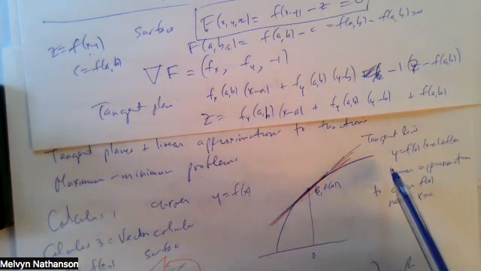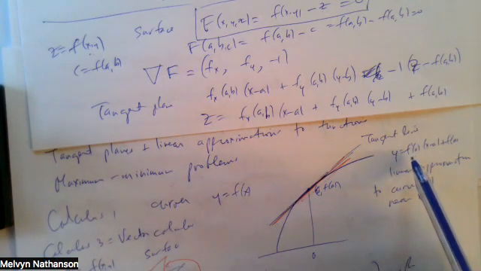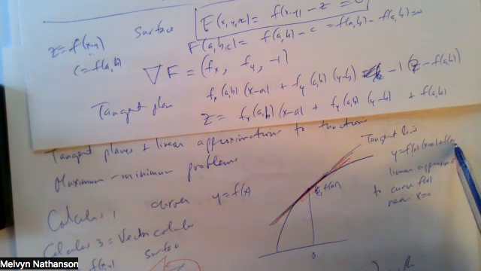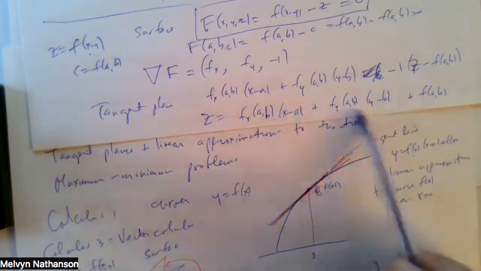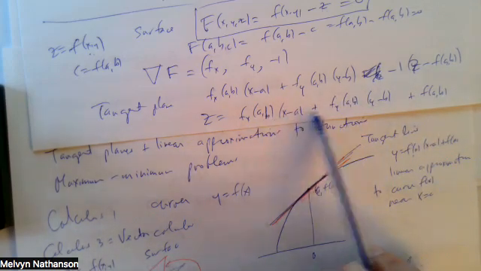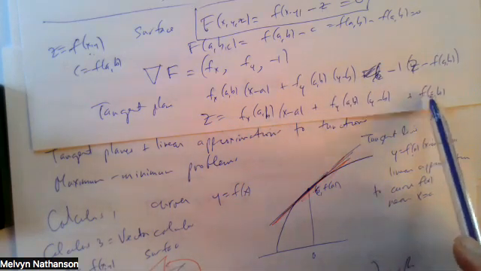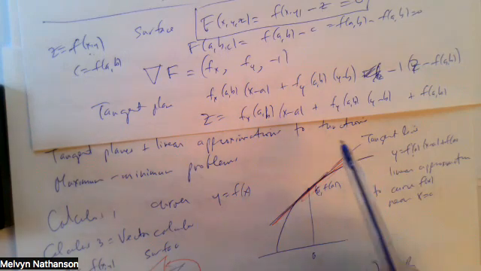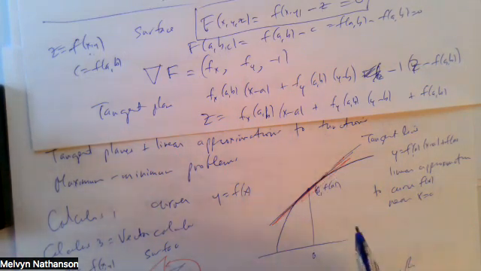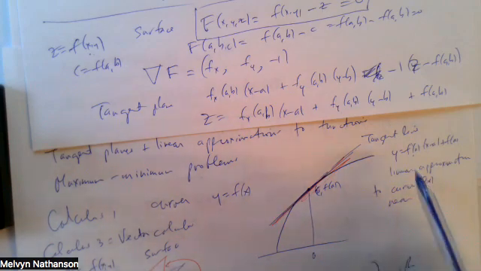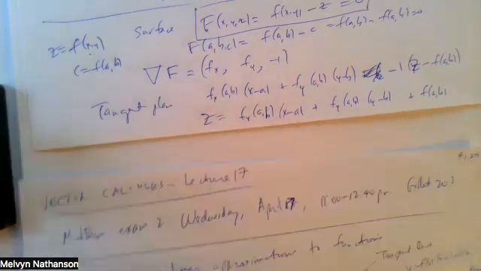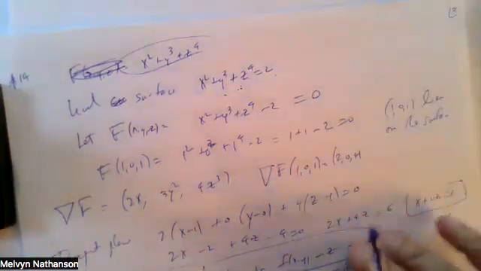For one variable, it was exactly the same thing, but the partial derivative is just the derivative: the derivative at a times x minus a plus the value of the function at a. Here it's the gradient of f at a, b, which is like the derivative of f, plus the value of the function at a, b. So this tangent plane equation is exactly the two-dimensional analog of the one-dimensional tangent line from calculus 1. And it's useful sometimes to think of that.